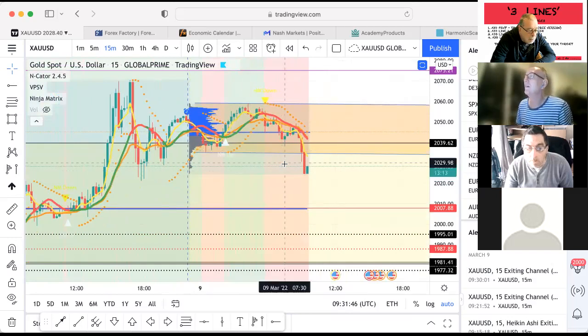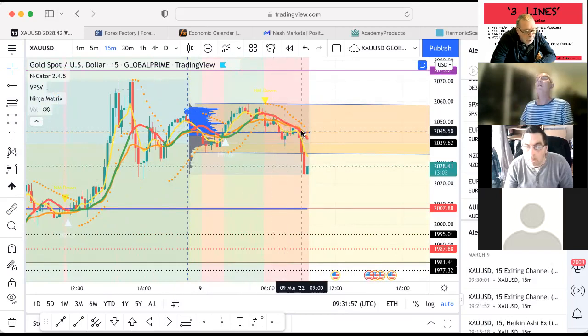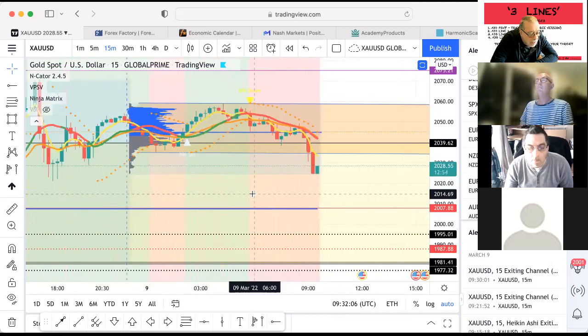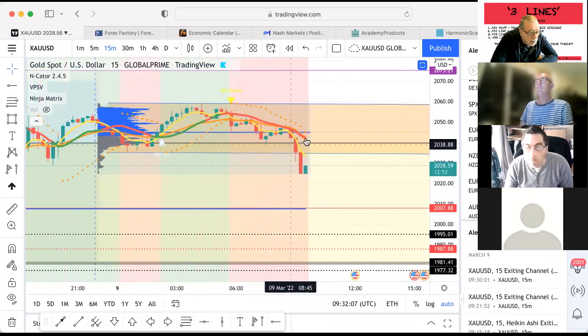All of my check boxes have been ticked. We've got Ninja Matrix down. We had an indicator down. We've got red 13 MA pointing downwards. We've got the 5 MA below it pointing downwards. Let's see what's happening with the 20 MA, which is the orange. It's more or less running side by side with the red one.